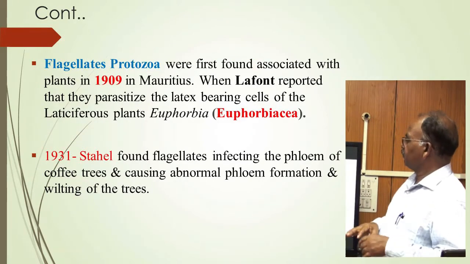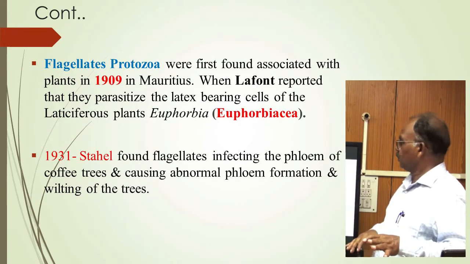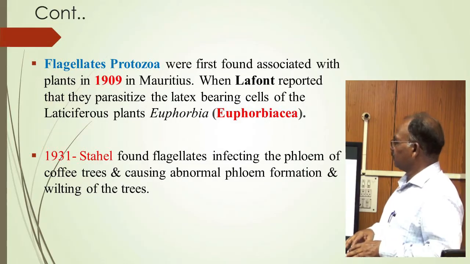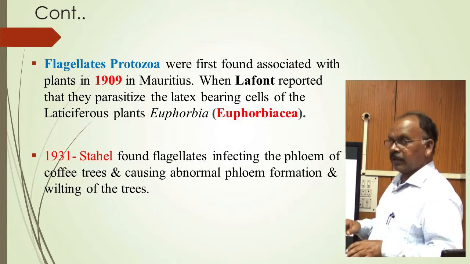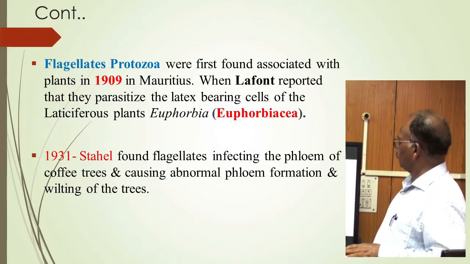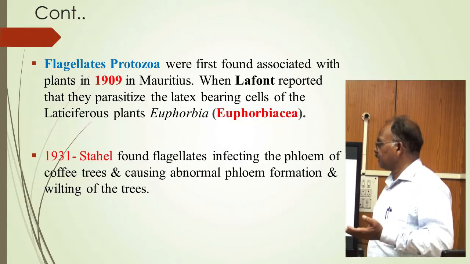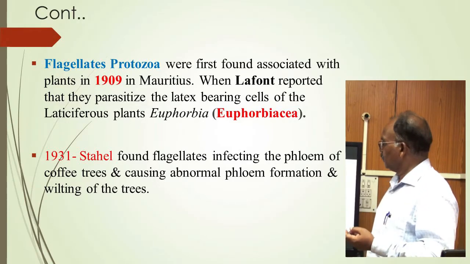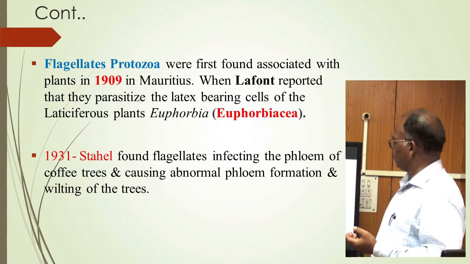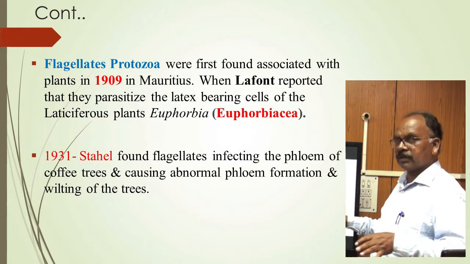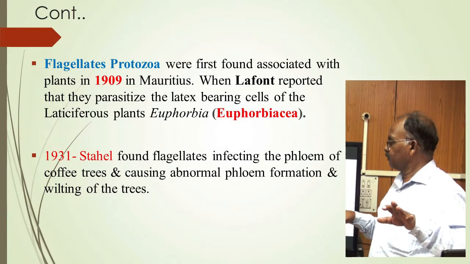Flagellate protozoa were first found associated with plants in 1909 in Mauritius, when Lafont reported that they parasitize the latex-bearing cells of laticiferous plants, Euphorbia, which come under the family Euphorbiaceae.